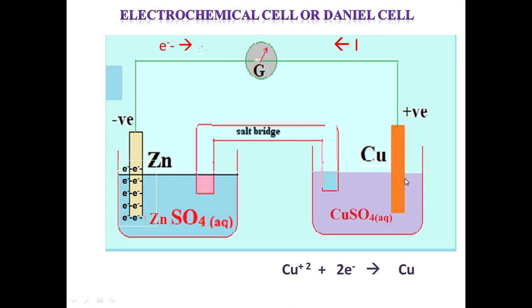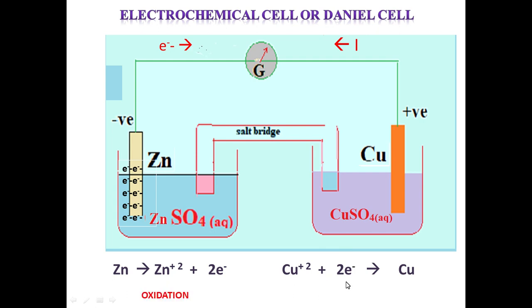Similarly, there is an oxidation in the other half of the cell. The zinc solid dissolves into solution and forms Zn2 plus ion, that means zinc cation, and releases 2 electrons. Those 2 electrons accumulate on the zinc electrode, later transfer to the copper electrode and carry out reduction there.